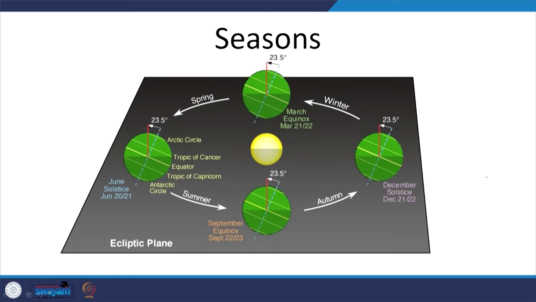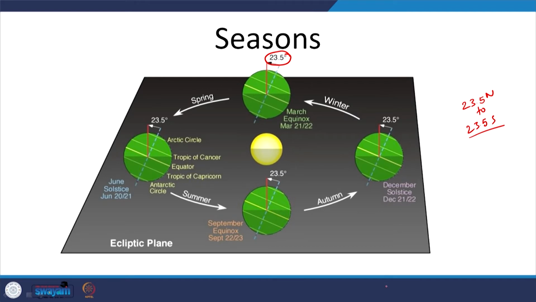Okay. Now, you see seasons. If you imagine an elliptical orbit, this axial tilt that I was telling you about is about 23.5 degrees. That is why you have the tropics between plus 23.5 and minus 23.5, or 23.5 north to 23.5 south. Now, as the Earth revolves around the Sun, we have different seasons: spring, winter, summer and autumn.